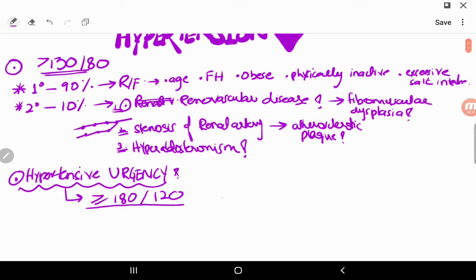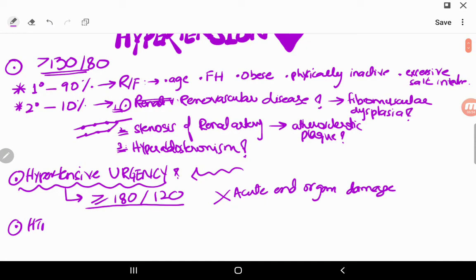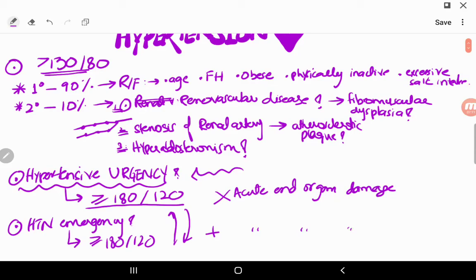If you have this, but you do not have any acute end organ damage, then you are said to have hypertensive urgency, right? Whereas hypertensive emergency is when you have blood pressure which is severely high, 180 over 120, similar to urgency, but along with that you have acute end organ damage.